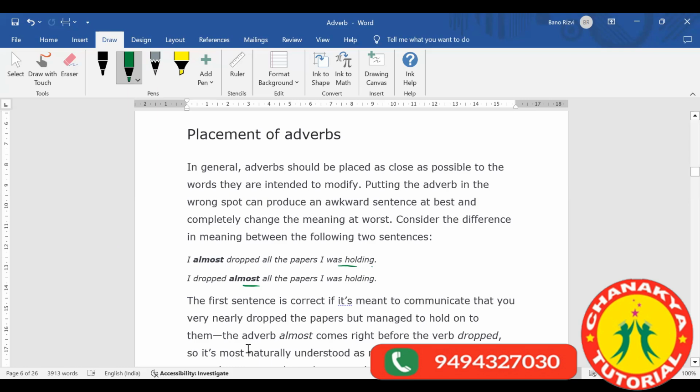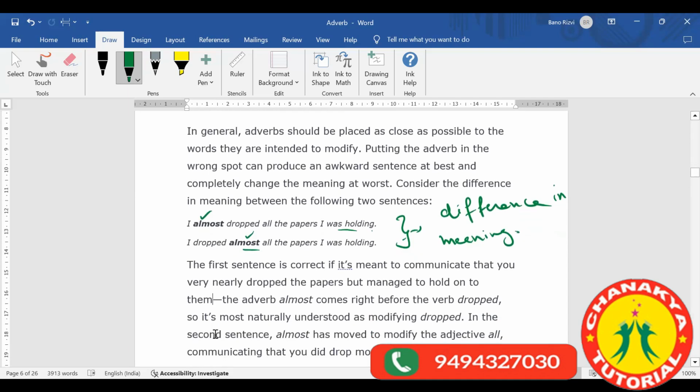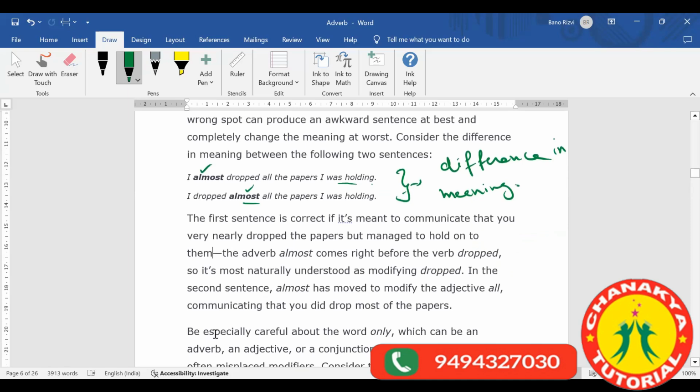You understand how the meaning has changed here. Difference in meaning by just one adverb, that is almost, right? So the adverb almost comes right before the verb dropped, so it's most naturally understood as modifying dropped.